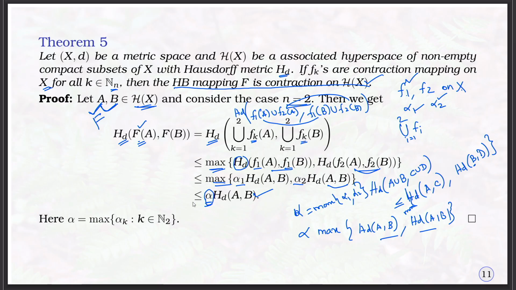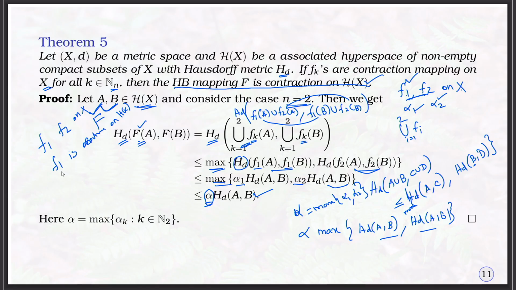So, we obtained that if we take a finite number of contractions and take their union, then the union is also a contraction in H of x. Previously, we saw that if F1 is a contraction on x, then F1 is a contraction on H of x.